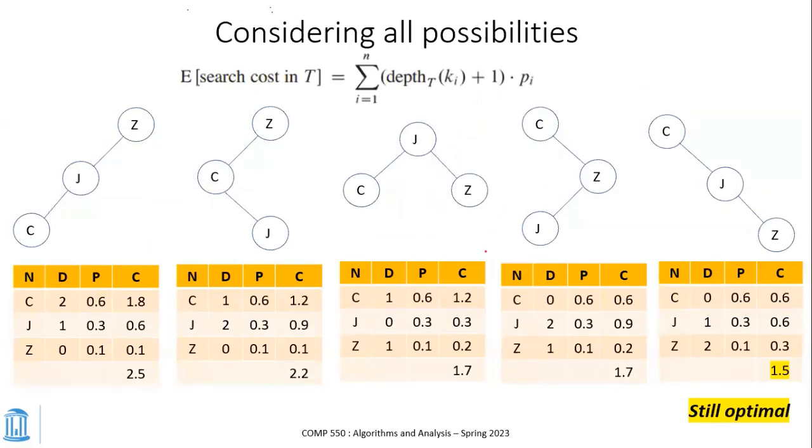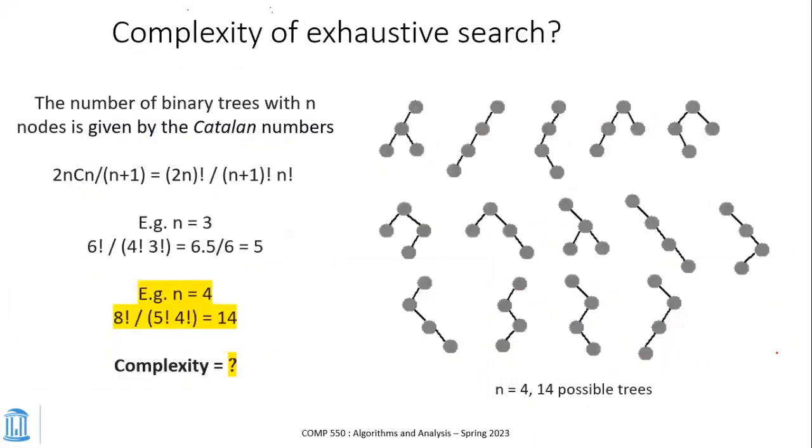So before we get to that, let's take a look at what happens if we try to solve for all the 5 possible cases. It turns out that some of them do have matching values. These 2 cases have the same optimal solution, and this one turns out still to be the best. Okay, but an exhaustive solution is clearly not very useful, because as you can see, when n is equal to 4, you have a total of 14 possible solutions.